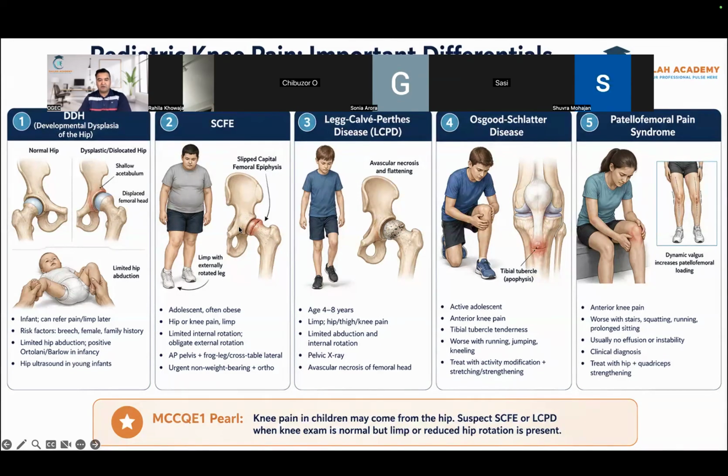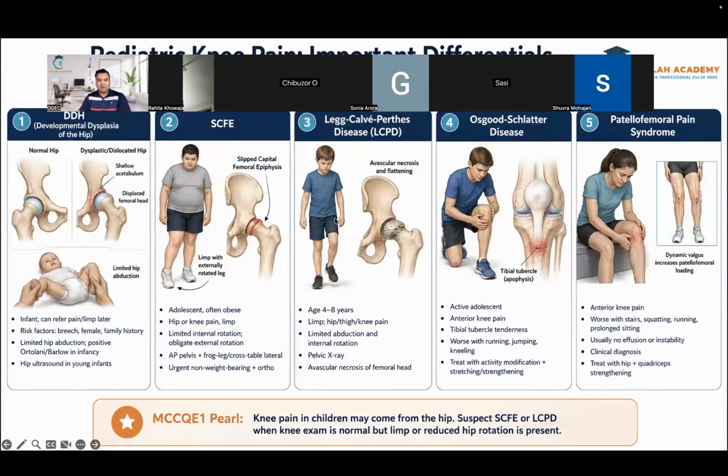For slipped capital femoral epiphysis, usually the patient will have external rotation. If you notice, obese, adolescent, internal rotation is restricted, the gait is externally rotated, the patient has hip pain, thigh pain, knee pain. And this is an emergency. For Perthes, if you notice, slimmer, younger, 4 to 8, not adolescent, same thing, pain in the hip, thigh, and knee.